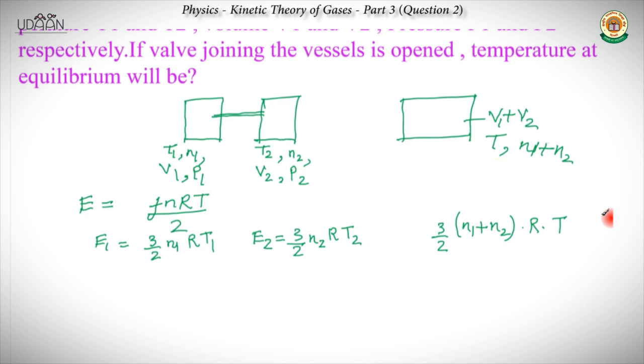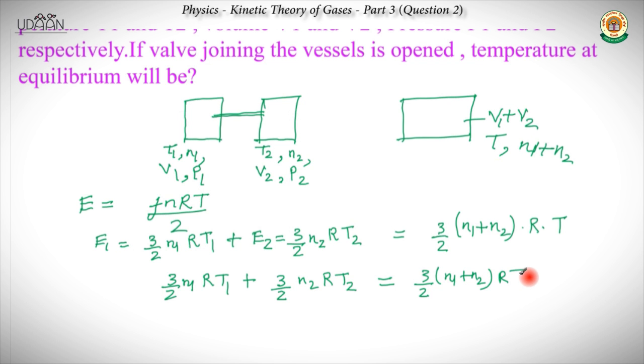Since no energy was lost, the sum of these two, E1 plus E2, should be equal to this. So now we use this: 3 by 2 N1 R T1 plus 3 by 2 N2 R T2 gives us 3 by 2 N1 plus N2 whole into RT.